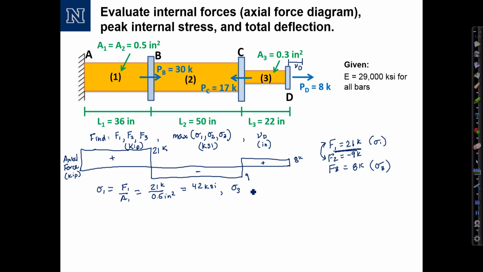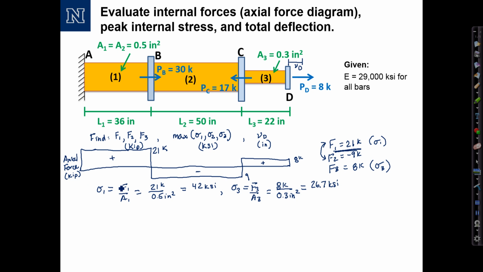Sigma 3 equal to F3 over A3 equals 8 kips divided by 0.3 inches squared. I can pretty much see this is going to be smaller. Plug that in. The number is 26.7 KSI.